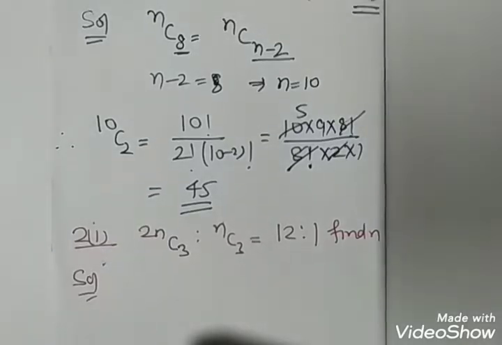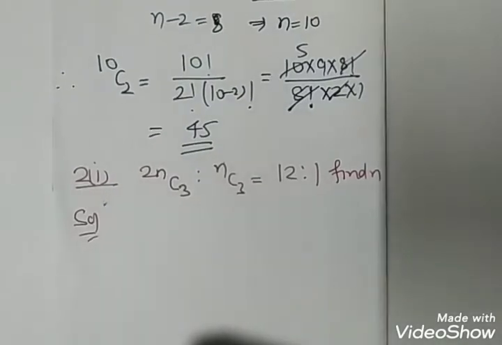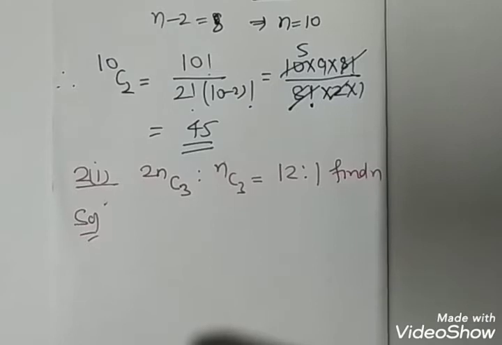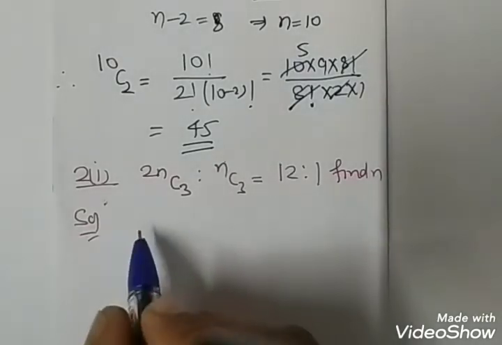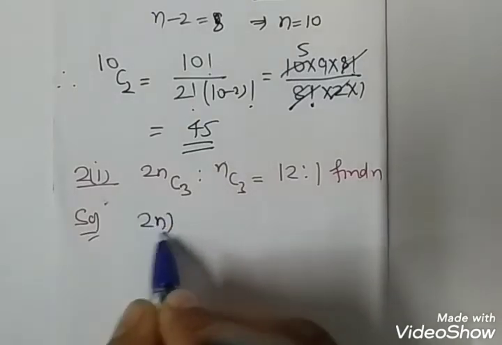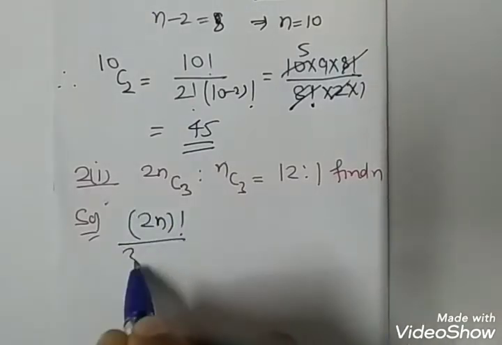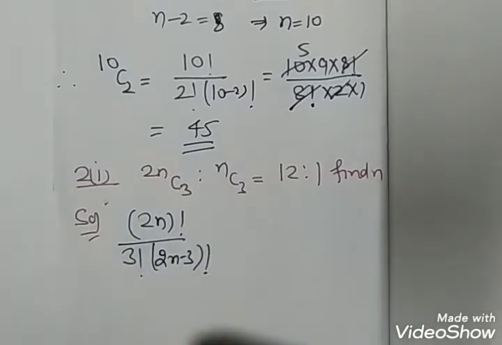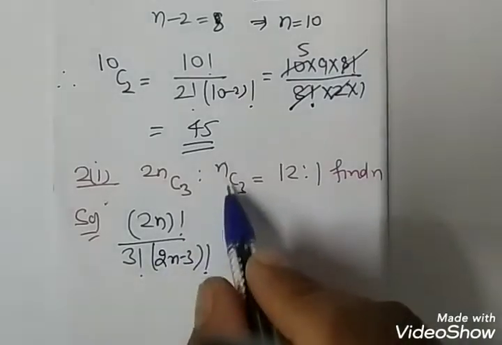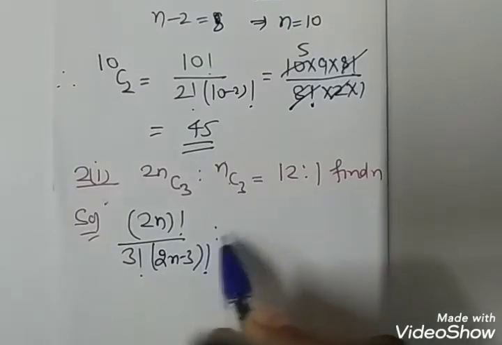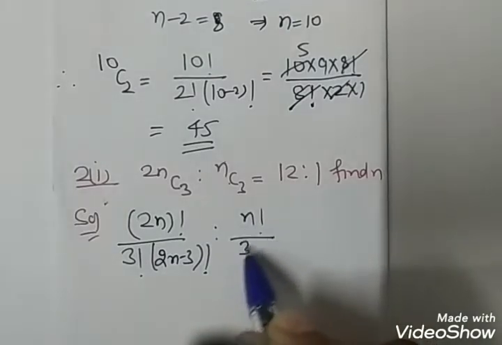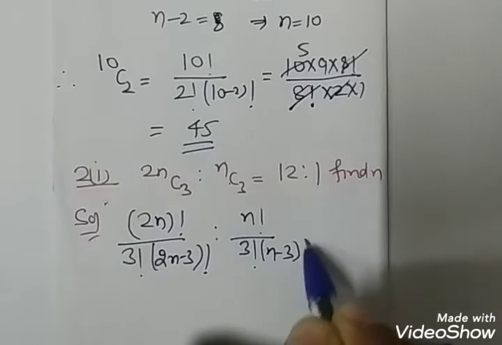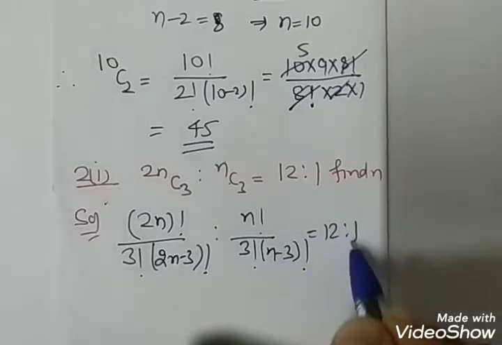See, I can easily use the formula of combination here. 2nC3 is 2n factorial upon 3 factorial into (2n minus 3) factorial. Ratio means upon, so nC3 is n factorial upon 3 factorial into (n minus 3) factorial, equal to 12:1.